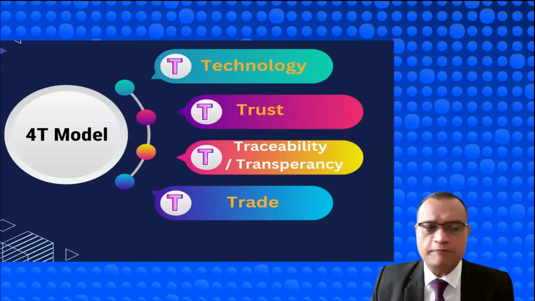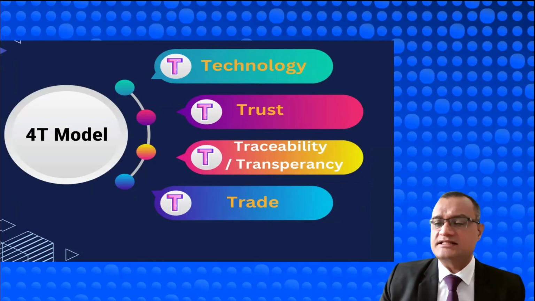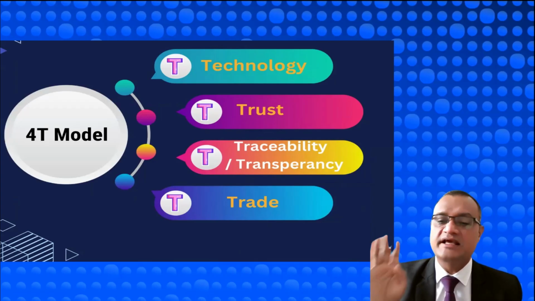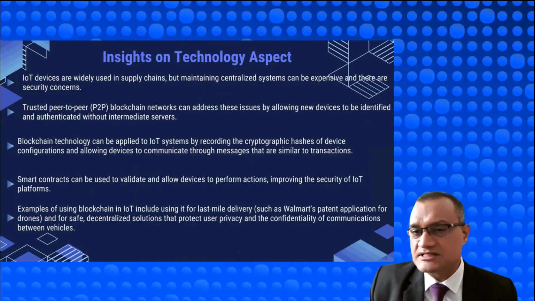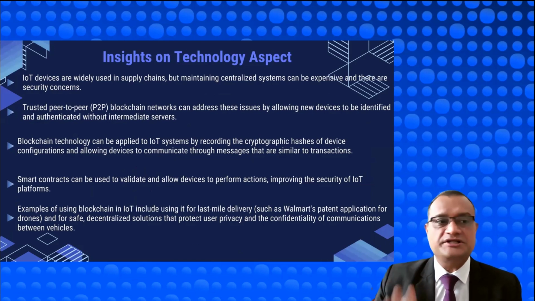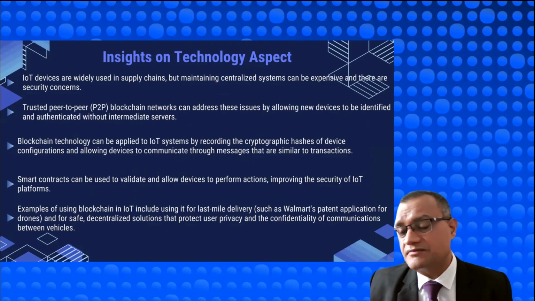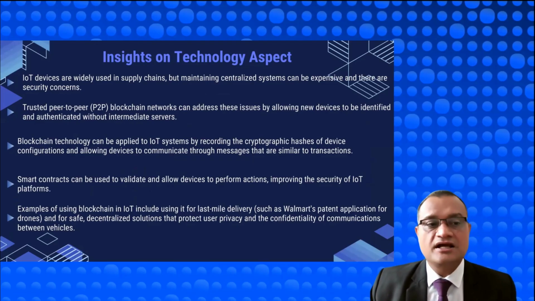So there are four important issues if you have appreciated this taxonomy. One is the technology, second is the trust, third is the traceability, transparency, and the fourth is the trade. If we look at some insight on the technology, then IoT devices can be extensively utilized in the supply chain, but maintaining a centralized system is highly expensive and there are security concerns.